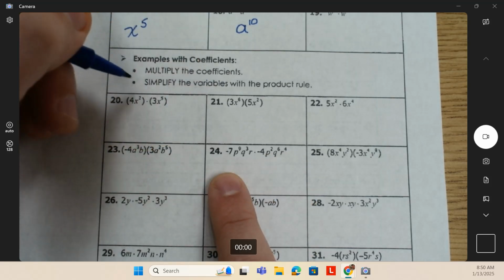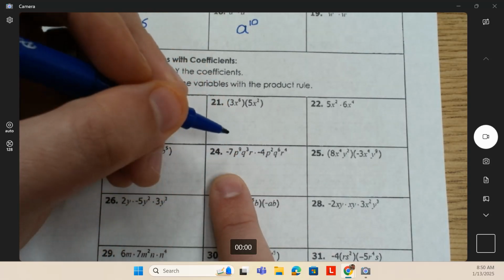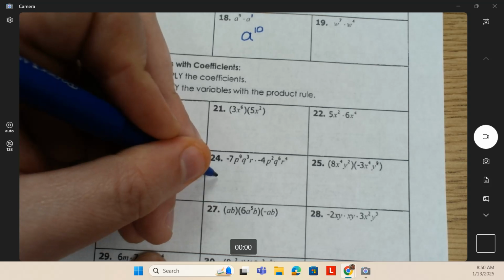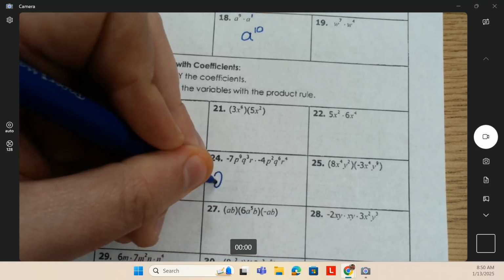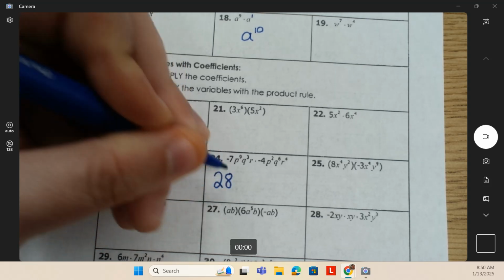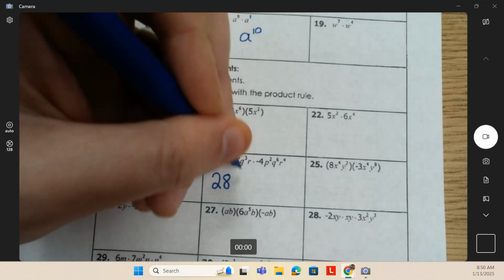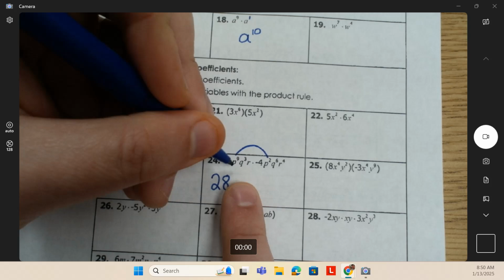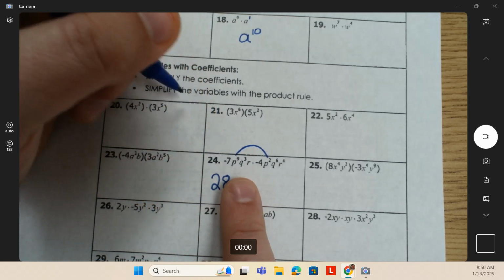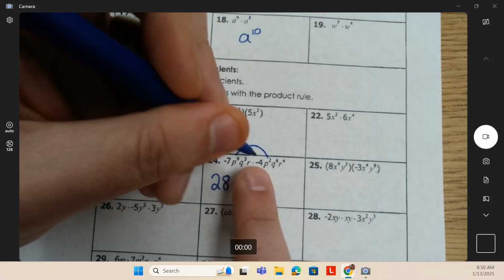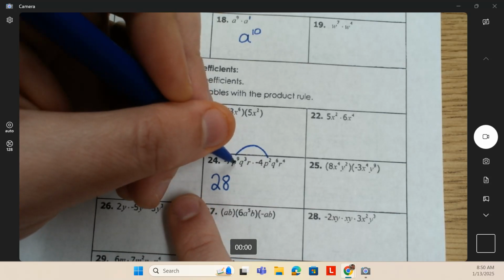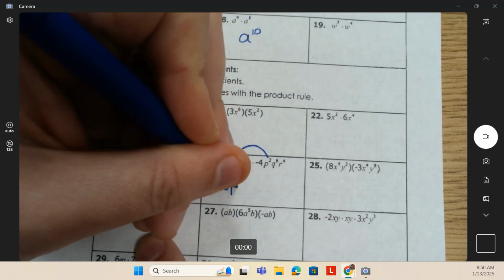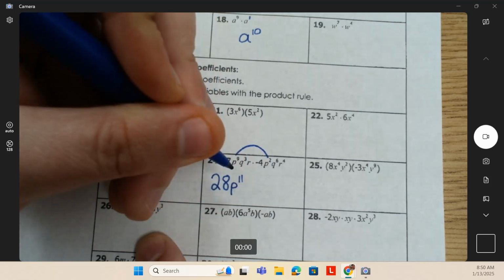The first thing we need to do is multiply the coefficients. If I do negative 4 times negative 7, negative times a negative gives me a positive, and that'd be a positive 28. Then I'm going to do my variables, just the variables with the same variable. I add together those exponents. So p to the ninth times p to the second, 9 plus 2, gives me p to the 11th.